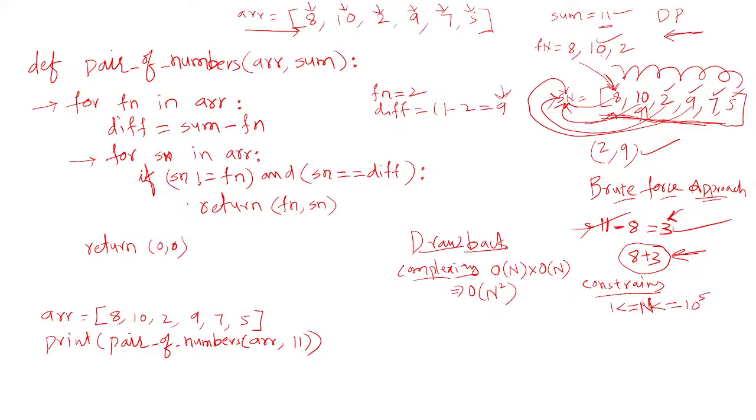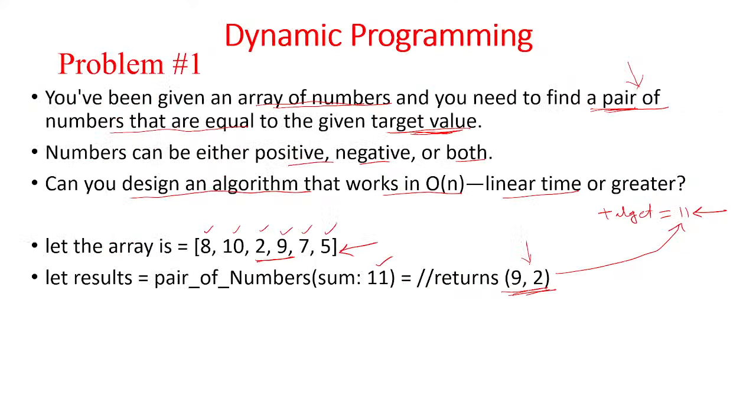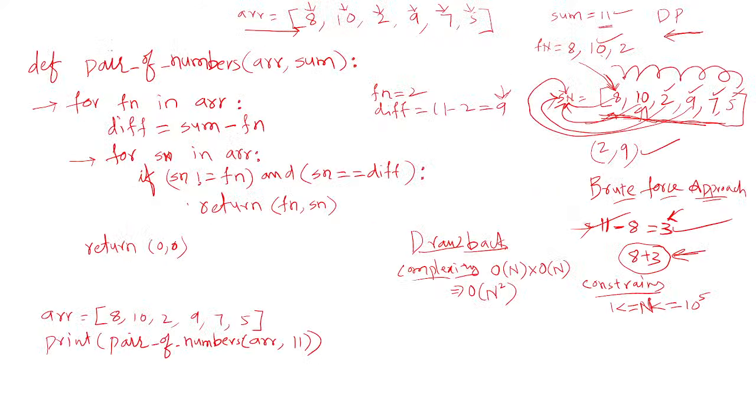Order of n square, which is not a good algorithm, we'll say. But here what he asked is that you design an algorithm which works in linear time. The algorithm which we designed is a quadratic time complexity algorithm, and this algorithm fails. Why this algorithm fails, let us understand. We are running the loop two times.